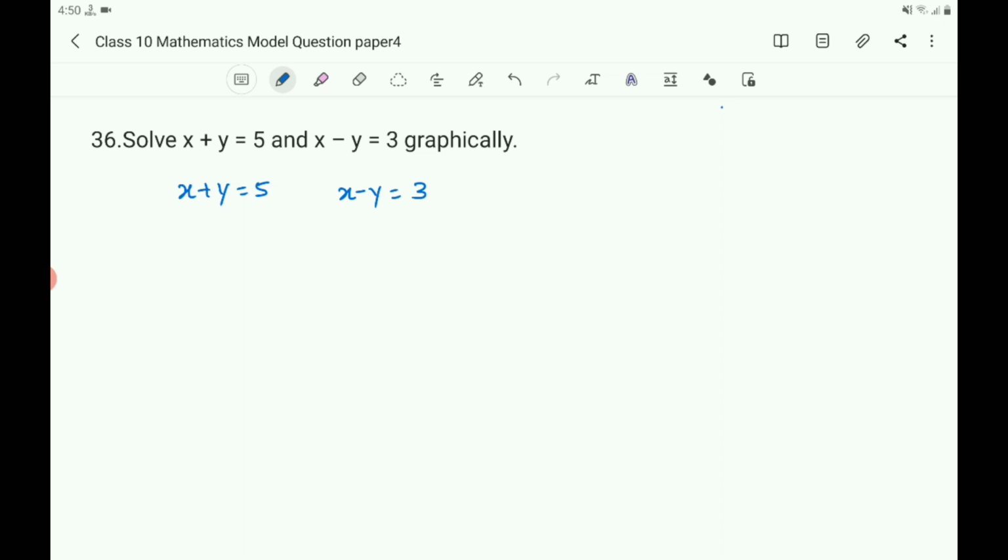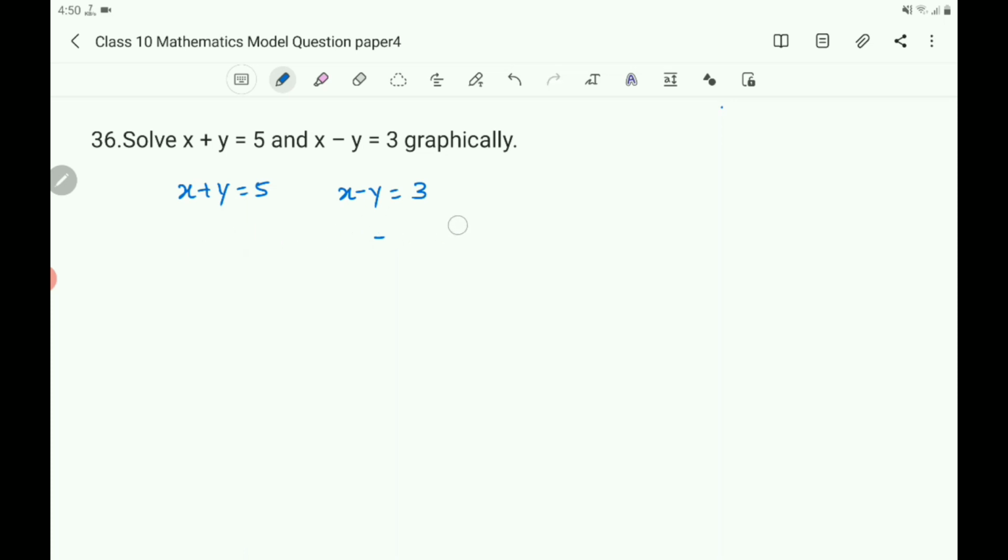Normally we convert the equation to the form of y if the coefficient of y is 1. Here both have the same coefficient but with opposite signs. So you can convert this into x equals 5 minus y, and x equals 3 plus y. If you convert into x equals, you must take a convenient value for y and find the corresponding value for x.